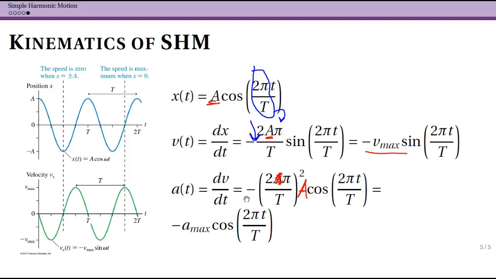So think about calculus when you're relating position to velocity to acceleration, and that's going from cosine to minus sine to minus cosine. Do not use your constant velocity or your constant acceleration equations here because your acceleration is not uniform.